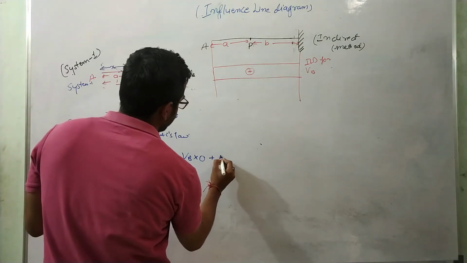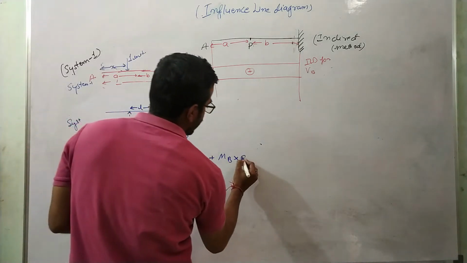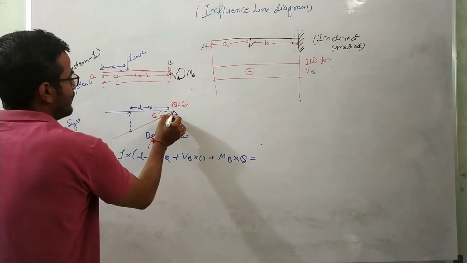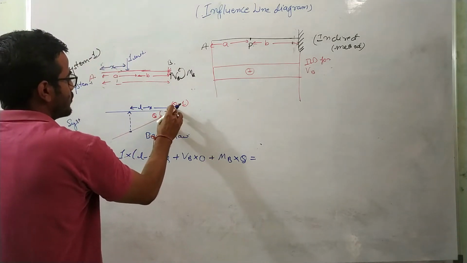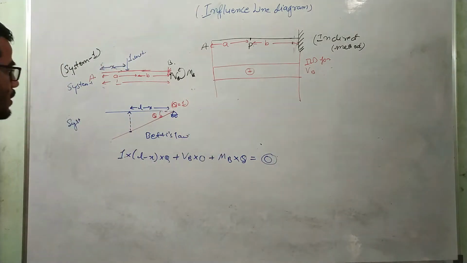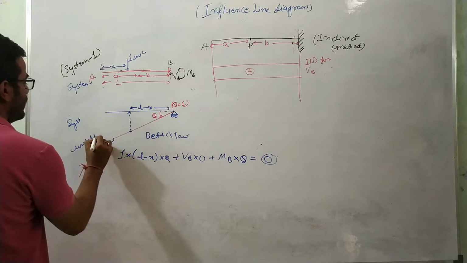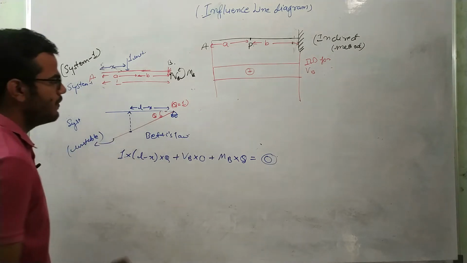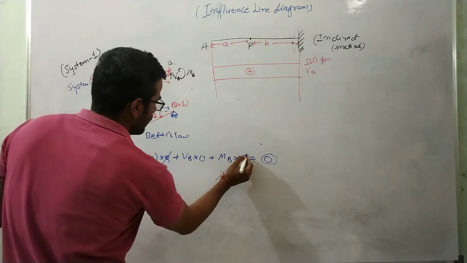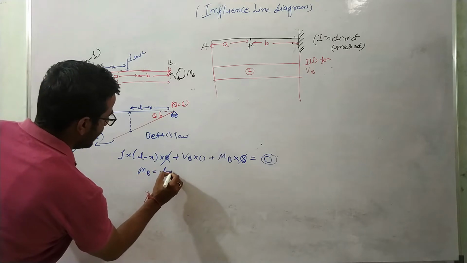So plus MB into theta, and the right-hand side is equal to 0, because no forces are generated for this portion. Okay, this is again the unstable system. Now our theta will cancel out, since it is basically unity. So MB is nothing but equal to L minus x.